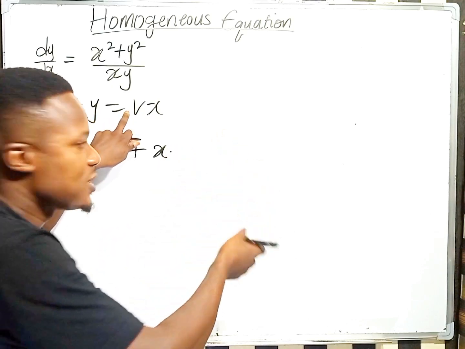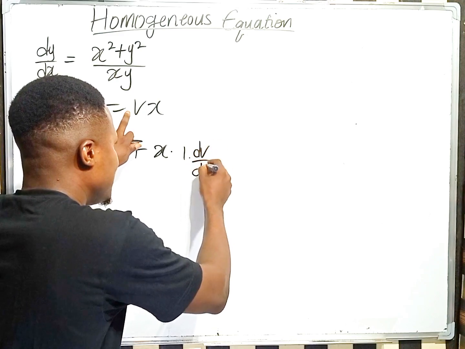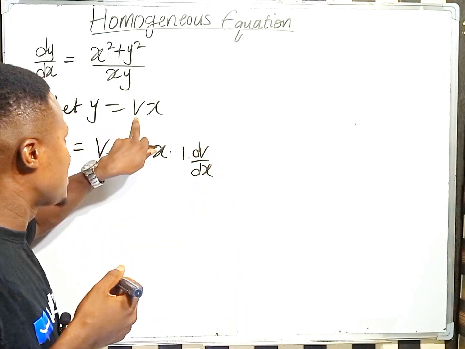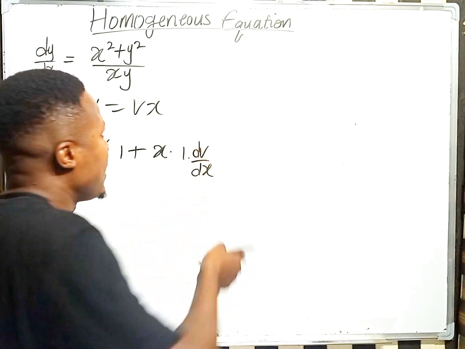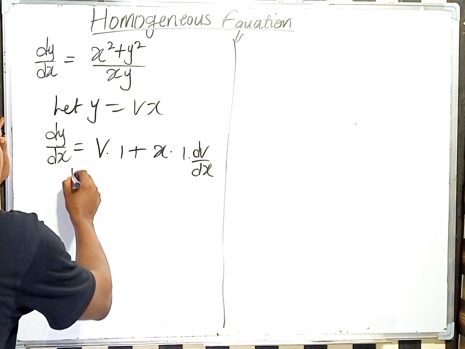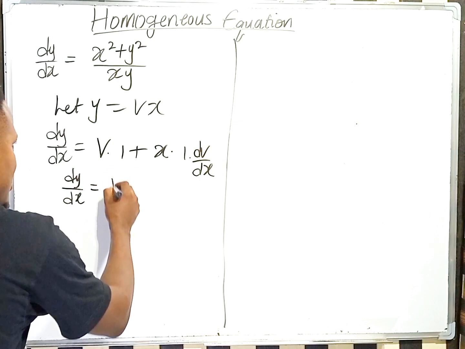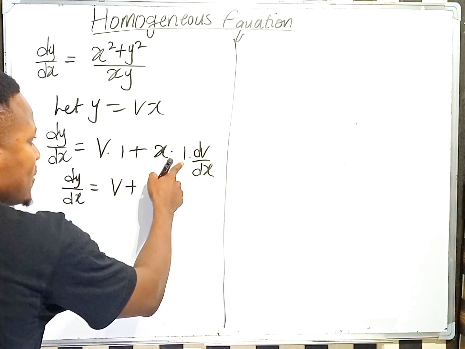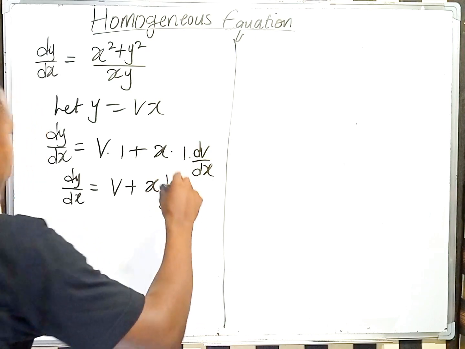Of course, when you differentiate v, you get 1, but you must attach the dv over dx, because anytime you differentiate v, which is not x, you attach the dv dx. Review your implicit differentiation so that you understand what I'm talking about here. So you can now see that our dy over dx is equal to v times 1, which is v, plus x times 1 times dv, which is x dv all over dx.